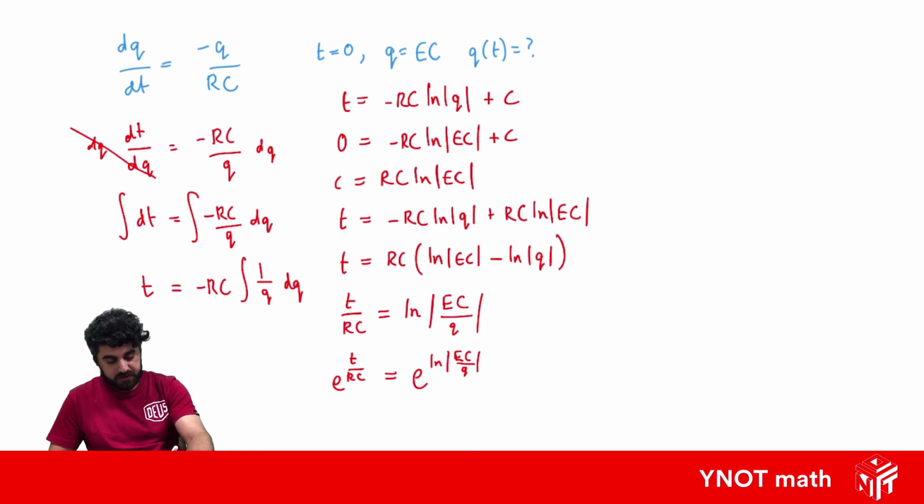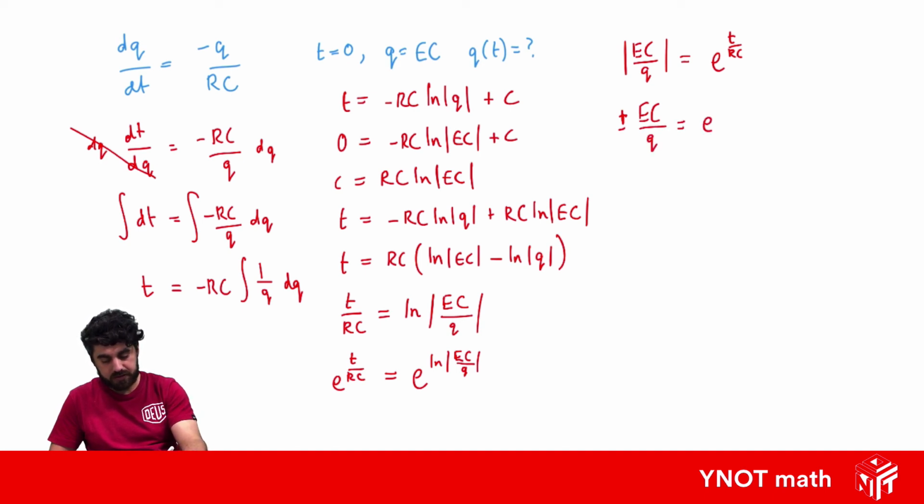This will give us just the absolute value of EC over q equals e to the power of t over RC. By definition of absolute value, we should look at two cases, plus and minus. So we get the plus or minus EC over q equaling e to the power of t over RC.